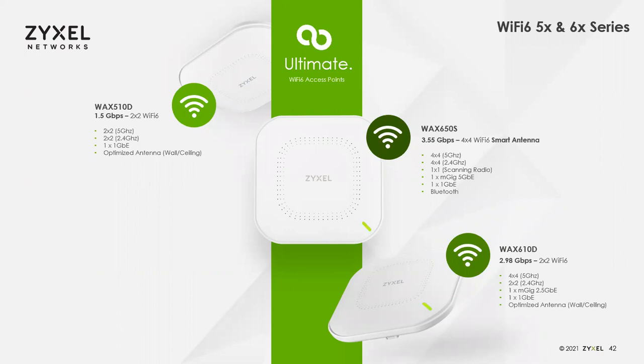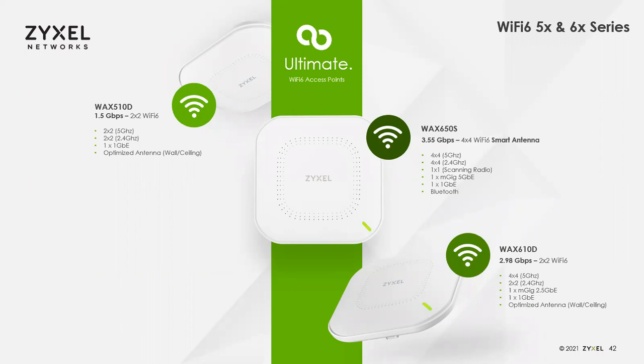The WAC 610D is very similar to the previous NWA 210. But again, you're getting smart antenna, you're getting dual optimized antenna technology, you're getting controller management functionality, and you're getting 1 year Pro Pack licensing bundled with it for the Nebula Cloud.